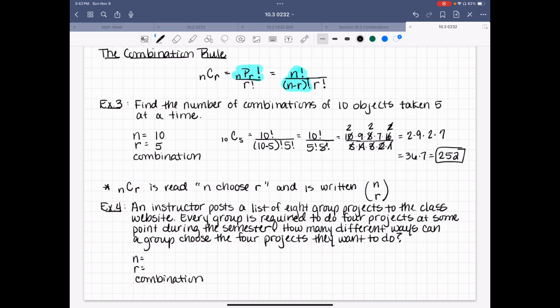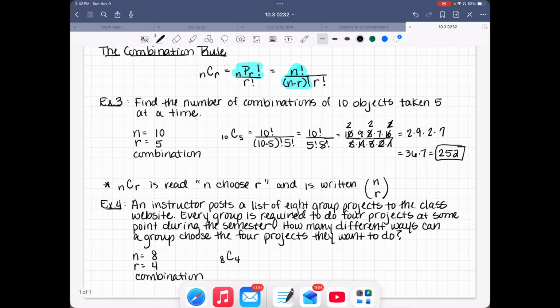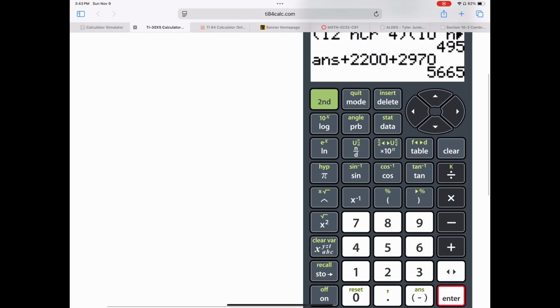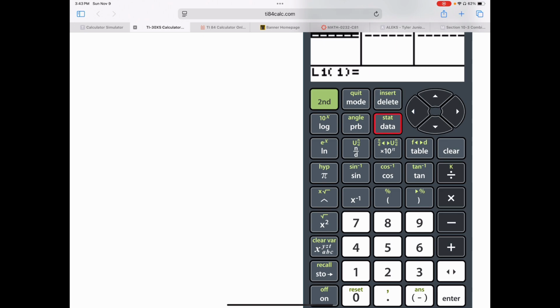Okay, how many objects are there? What is N? Well, that's your amount of group projects. There are 8 group projects, and they are to choose 4. So we have 8 choose 4. Okay, so we're going to go over here to our calculator, and I'm going to clear that out for you guys. Oh, wrong button.